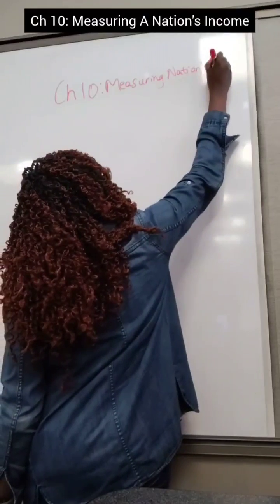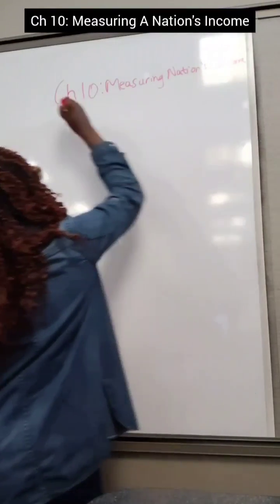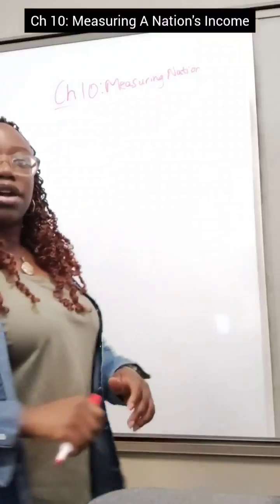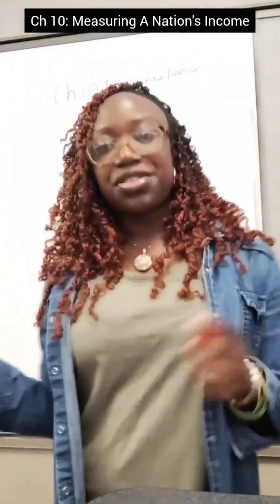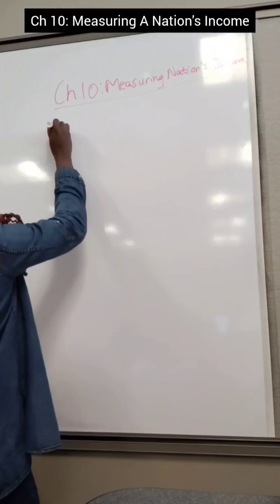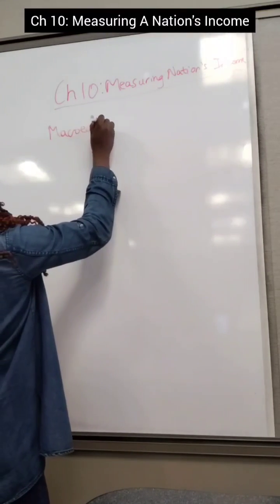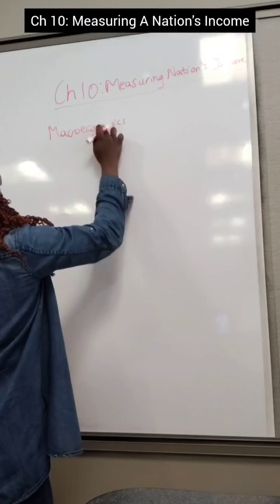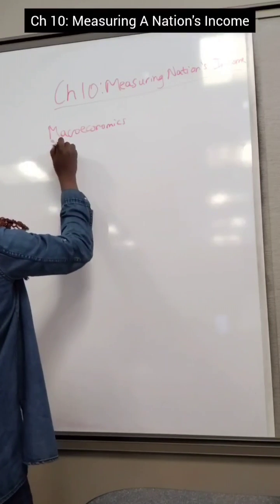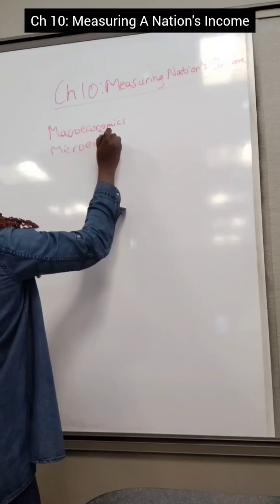All right, so before we go into all of this, a quick recap. Remember, I'm sure by now you should know how to differentiate between macroeconomics with the A and microeconomics.